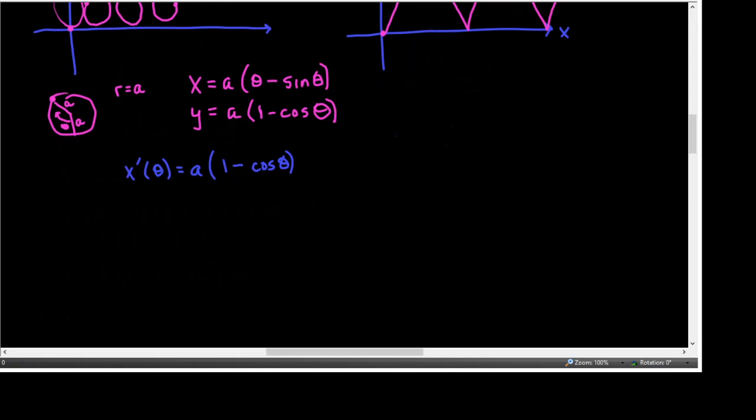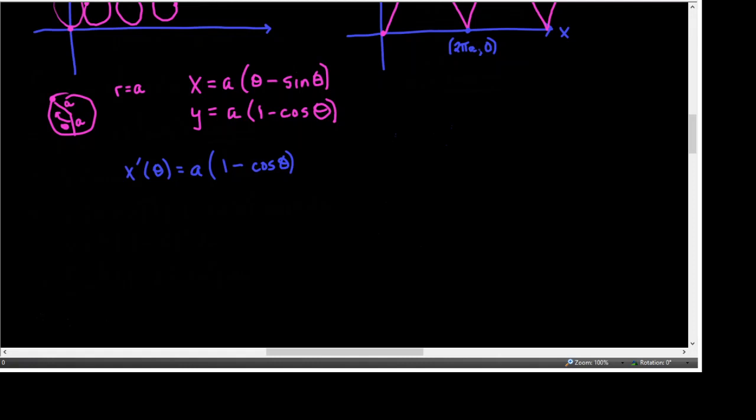And by the way, this point right here on the curve, that point right there, is at the point 2 pi a comma 0. 2 pi a comma 0. And the next one where it touches is 4 pi a comma 0. But I'm looking at those points where it touches the ground again to see what's going on there.